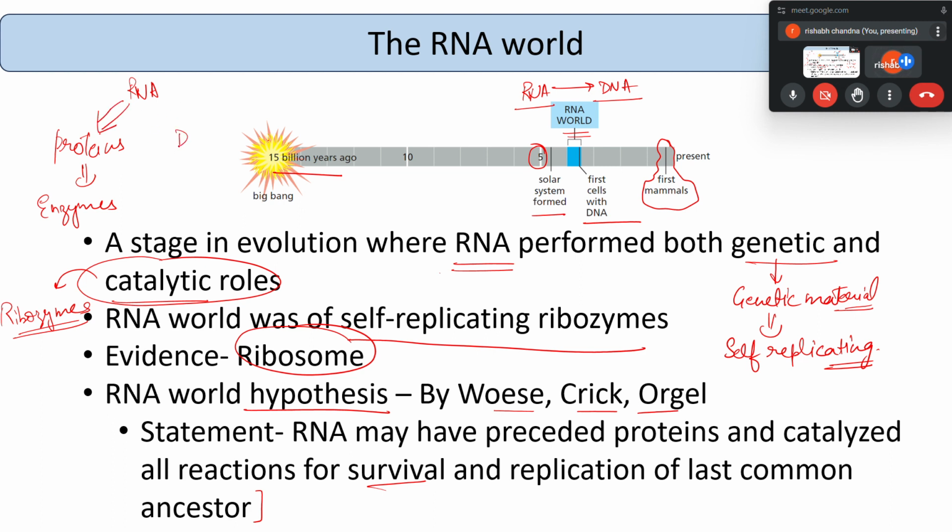And similarly, before the origin of DNA, RNA was the one that performed the function of a genetic material. So this was the basic RNA world hypothesis.